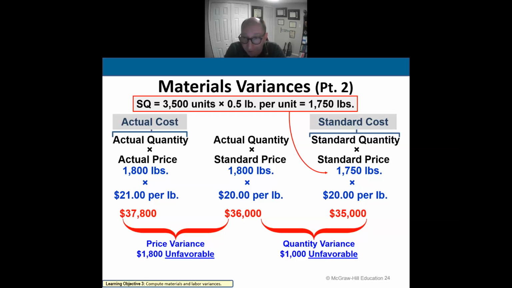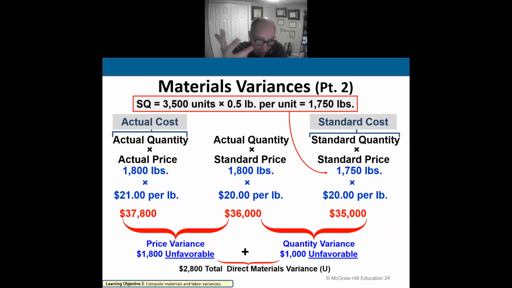Yes, sir. All right, we're getting there. All right, so that's materials. My total materials variance is 2,800. Why 2,800? Remember, price and quantity together gives me total direct materials variance. So 2,800. Still unfavorable because the actual is greater than the standard.